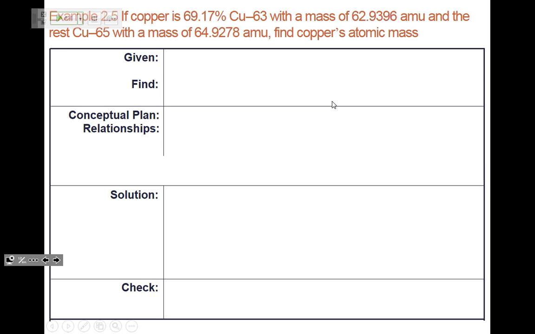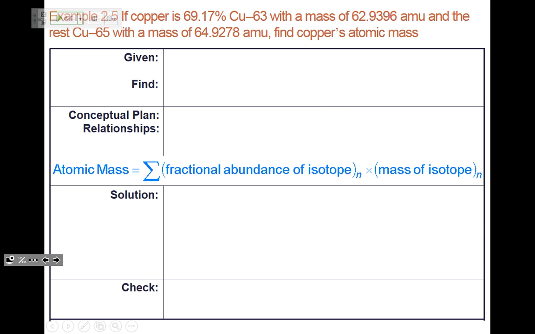So our first step, let's look at what we're given. We're given copper 63, and we're given our percent. That's our abundance, but it's in percent form, so we're going to have to convert it.